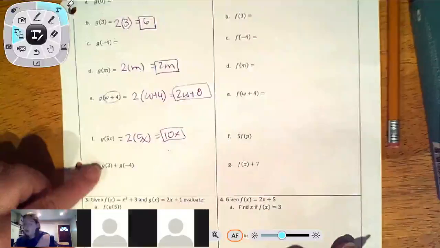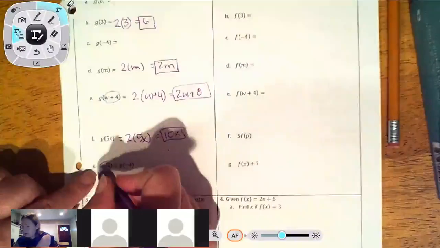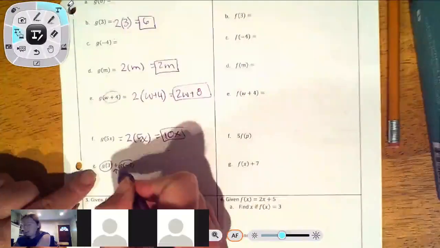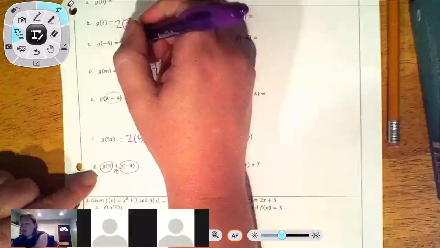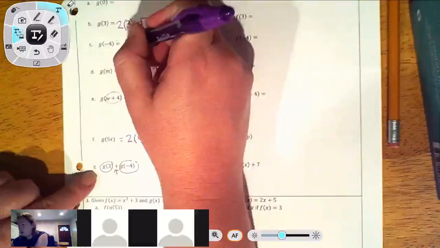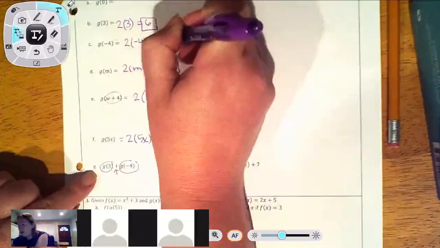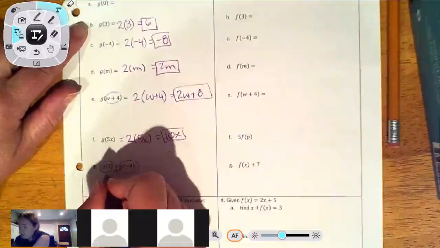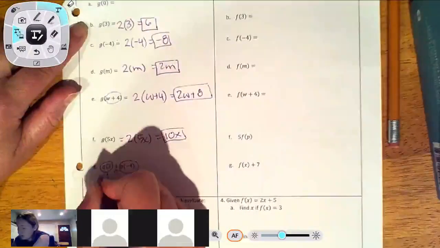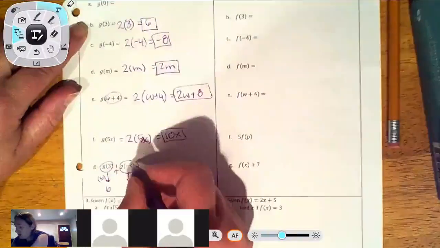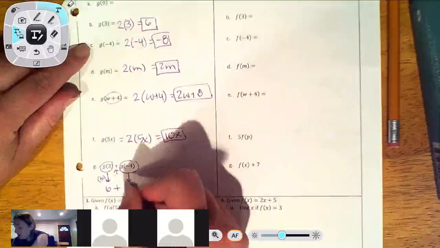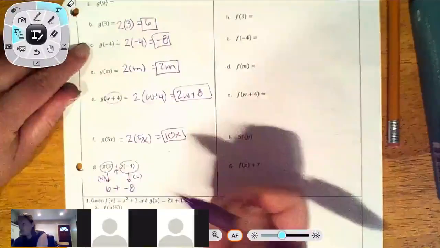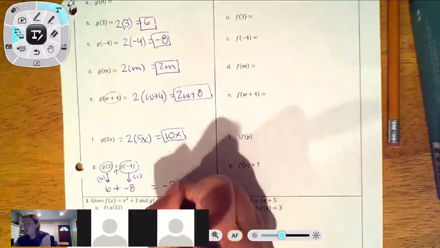And then here, we would find the value of this, and we'd add it to the value of this. So g of -4, I skipped that one, but I could quickly go back and just find that it's -8. And so now you can see g of 3 from part B was 6. And I'm going to add that to g of -4, which was -8 from part C. So my final answer would be -2.